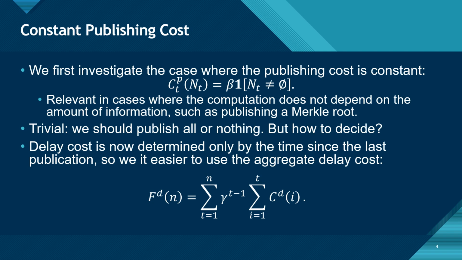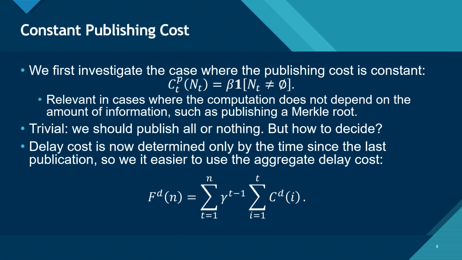So it's better to just publish everything. And if you only have one transaction that you need to publish, it's better to just publish everything, and it would cost the same. So the only question that remains is how we can decide whether to publish all of our transactions or wait with all of them. Because we always publish all or nothing, the delay cost is now determined only by the last time that we published, and not by which transactions we published.